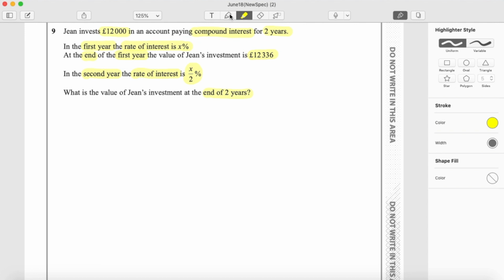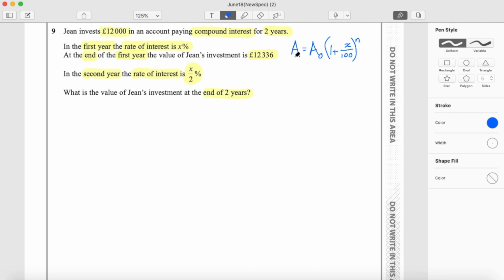So there's quite a lot of information packed in there. We're told compound interest. So straight away, I would write down our compound interest formula, which is A equals initial amount A0 times, in brackets, 1 plus an interest rate divided by 100, all to a power of a certain number of years.